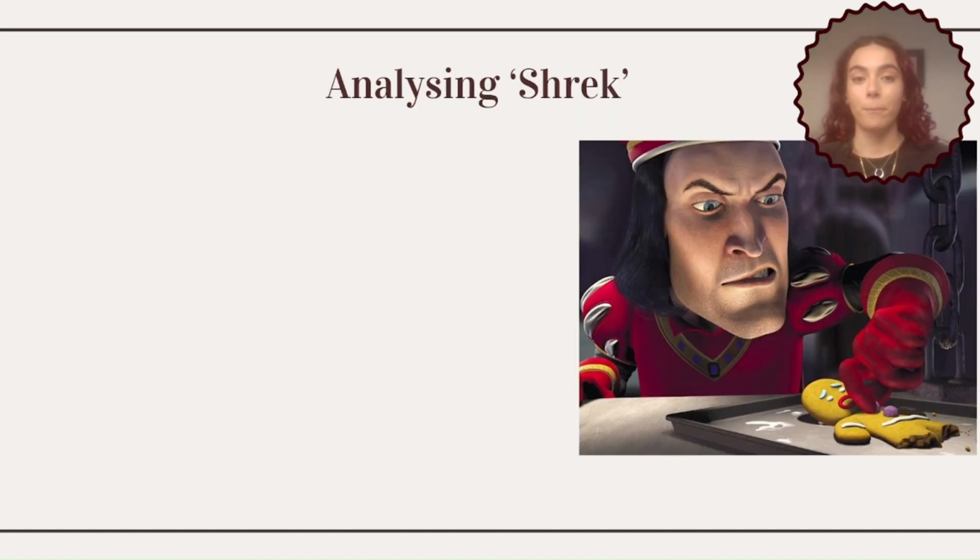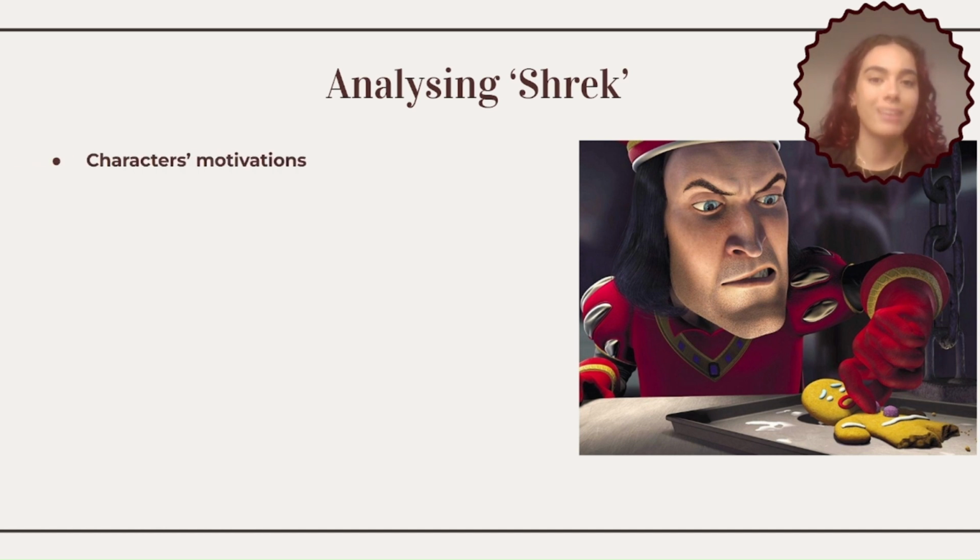Now, word of warning. There is so much that goes on in Shrek. I'm mostly focusing on the main character of Shrek in most of these things, right? There's a million things to be said about all of them. So if we look at character motivations, that Vika was talking about, and the dynamics of the text, at the beginning of the movie, Shrek is very much motivated by wanting a solitary life. He wants to be left alone, okay?